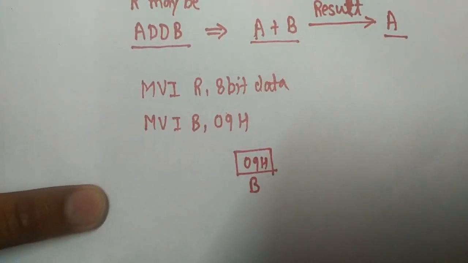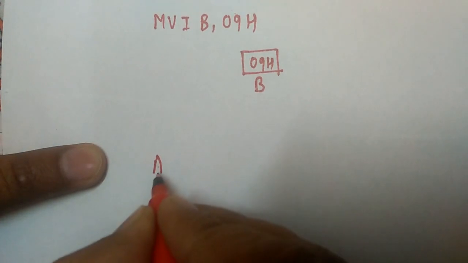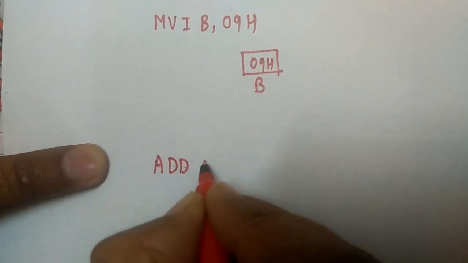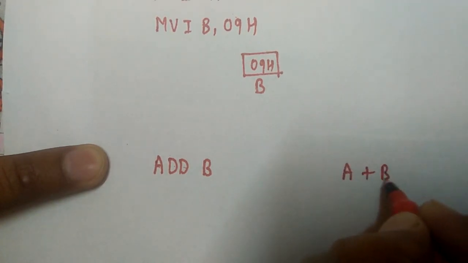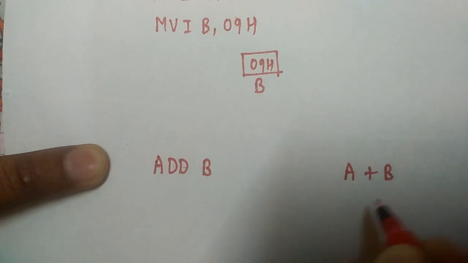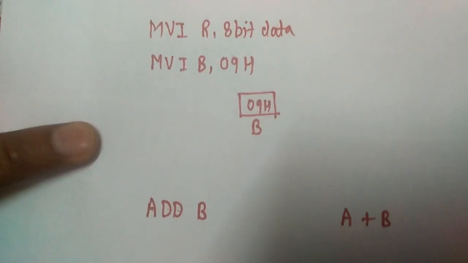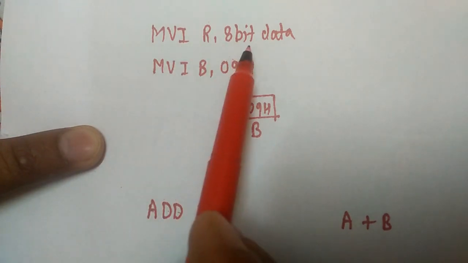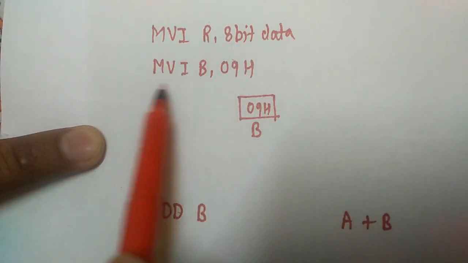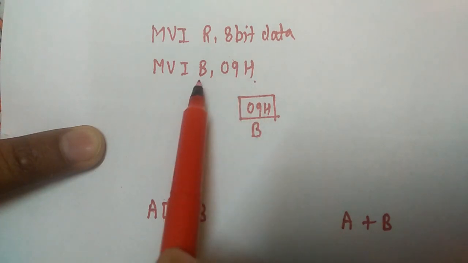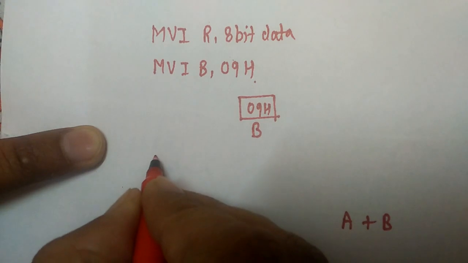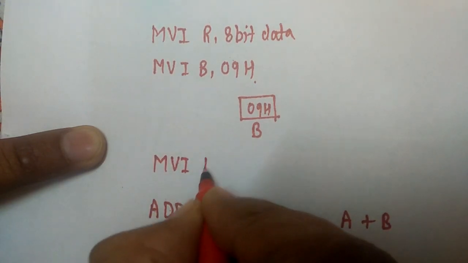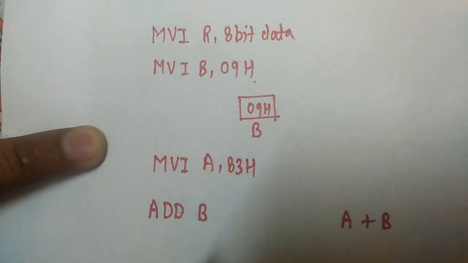I am going to write the instruction ADD B, and I know it will perform A plus B. So I have to put one number in the accumulator and the second number in B, and I already know the instruction that may be used to put any number in any register. Here, as an example, I am putting the value 09H in register B. In the same way, I will put the value 83H in the accumulator and the value 39H in B. So I will write the instruction MVI A, 83H.